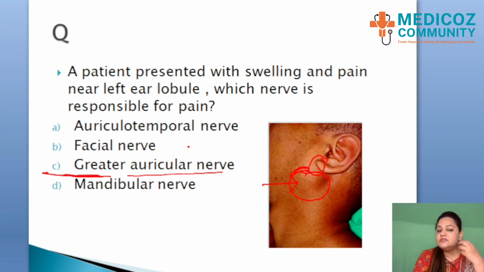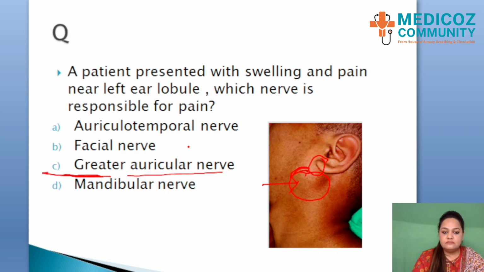Whenever there is any kind of inflammation in the parotid gland, since the fascia is unyielding, it will not allow the expansion of the parotid gland, which will lead to severe pain, and it will stimulate the greater auricular nerve here, and that will cause severe pain. Okay, so the anatomical reason for this pain is the investing layer of deep cervical fascia, and the nerve which is responsible for pain is the greater auricular nerve.